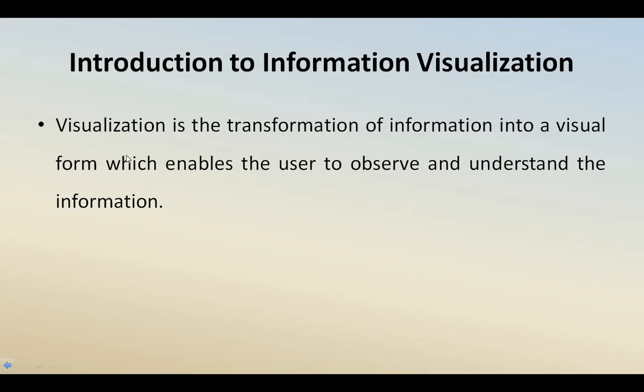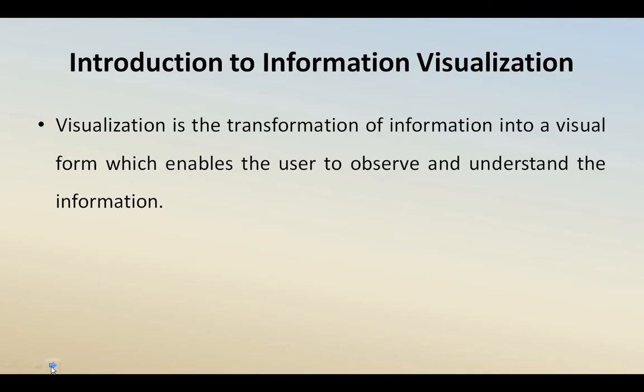So visualization is the transformation of the information into visual form, the textual form or the tabular form into the visual form, which enables the user to observe and understand the information in a better manner. This is the importance of information visualization. We have to transform the information into human understandable form. This feature is called information visualization.